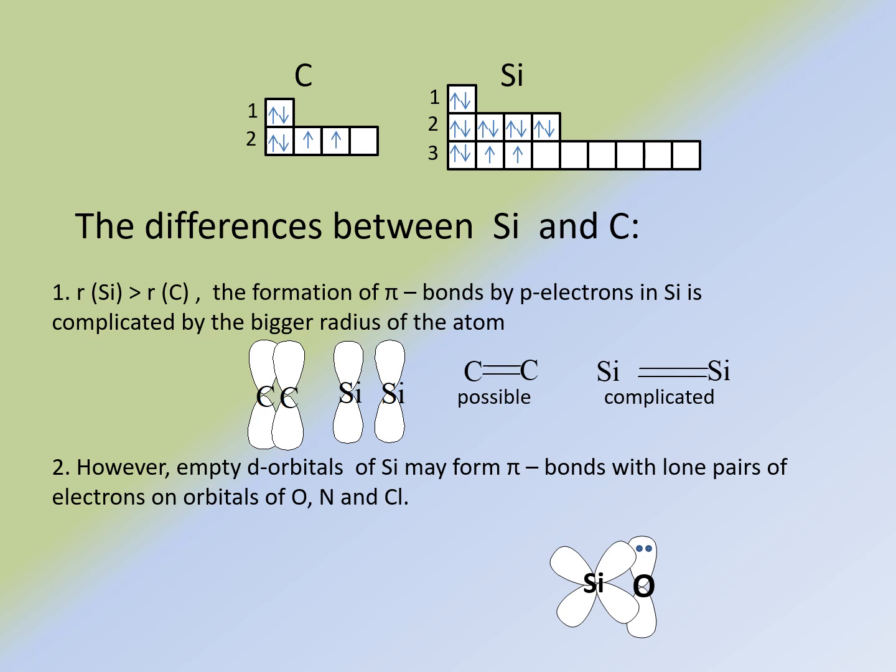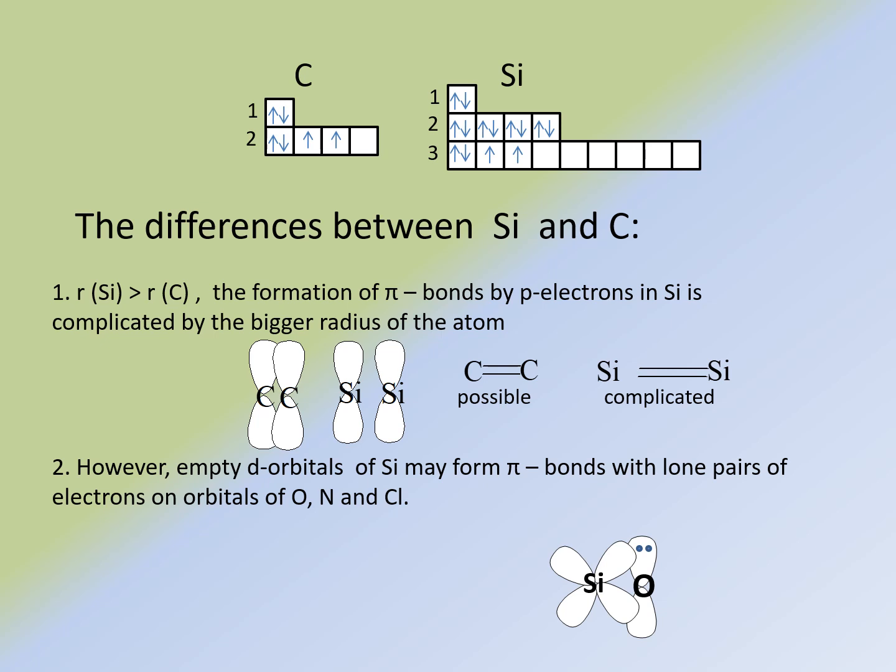Why? Because the distance is not so long between carbons, and perpendicular pi clouds can be overlapped easily. However, for silicon, because of this distance, there is no good overlap. So silicon cannot form a double bond, at least easily.